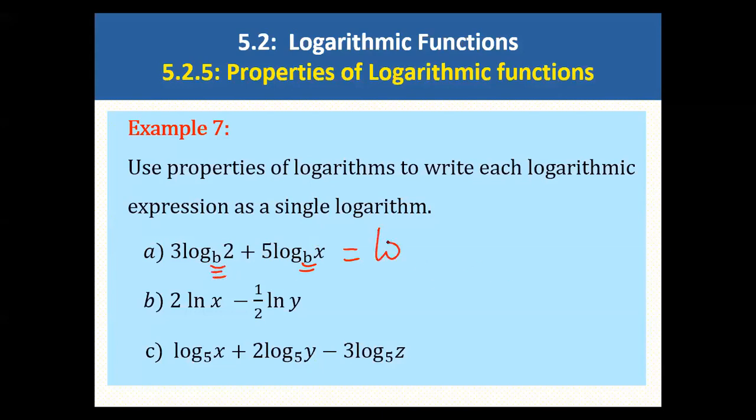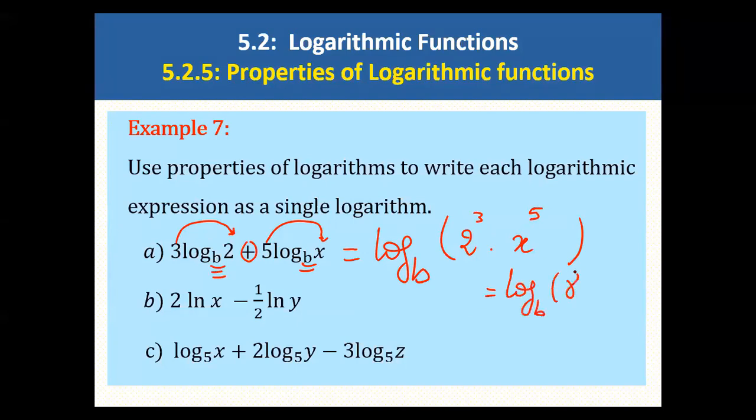Then here we can combine them into only one log. Log of what? The coefficient outside becomes a power, so 2 cubed. The plus becomes a product, and the 5 goes in the power of x. So we can write it as log base b of 8 x to the 5.